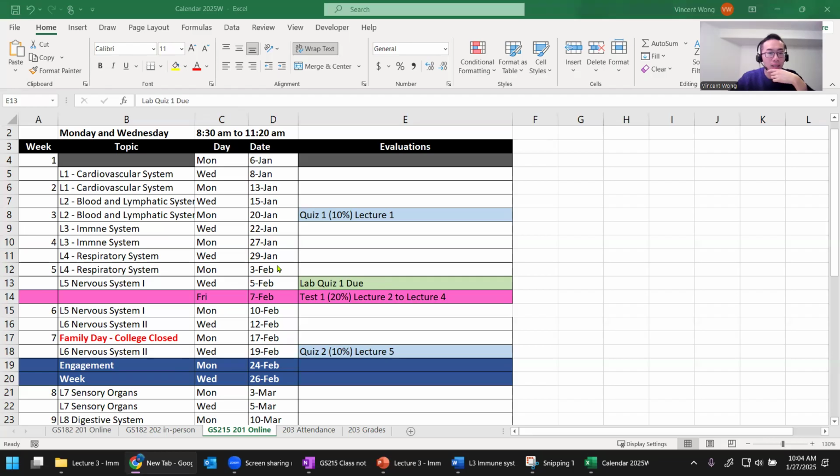I don't want to turn that on too early because then you need to learn the respiratory system first, right? But that's something that's going to be due. And then you're going to have the test on Friday, February 7th. I know that is not our regular scheduled day, but that way you will have some more time to study.